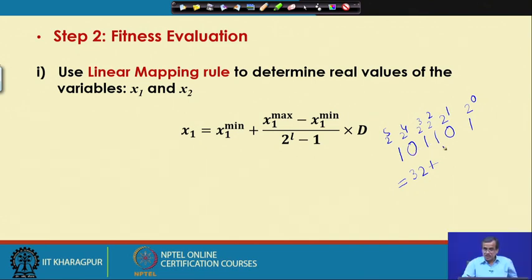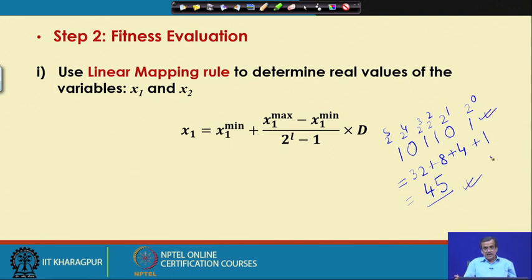Next is 2 raised to the power 3 is 8, 2 raised to the power 2 is 4, 2 raised to the power 1, but it is multiplied by 0, so no contribution, and 2 raised to the power 0 is 1. So, the decoded value is 32 plus 8, 40, plus 4, 44, plus 1, so 45. The decoded value for this binary string is 45.